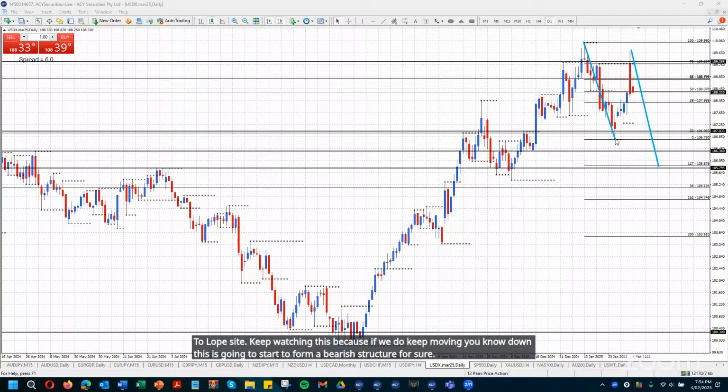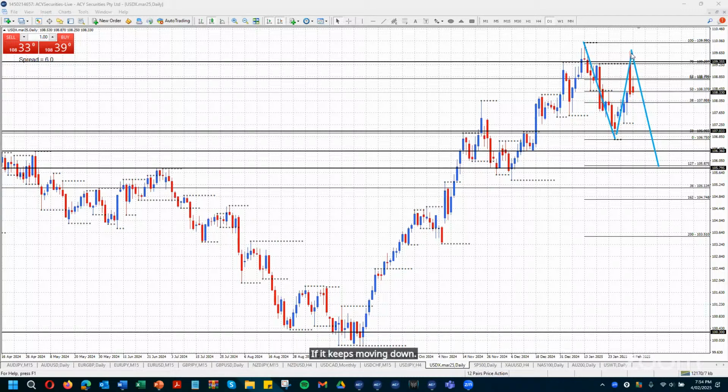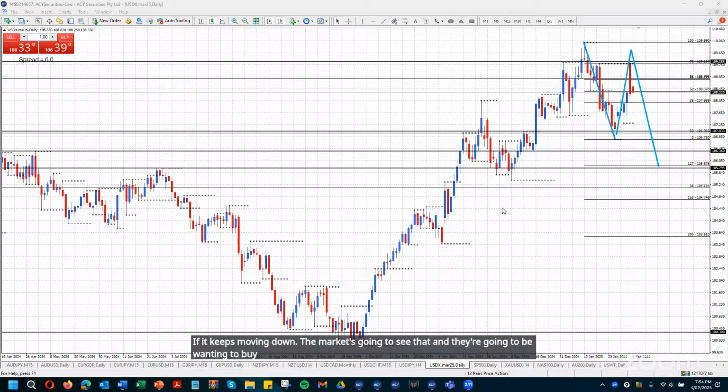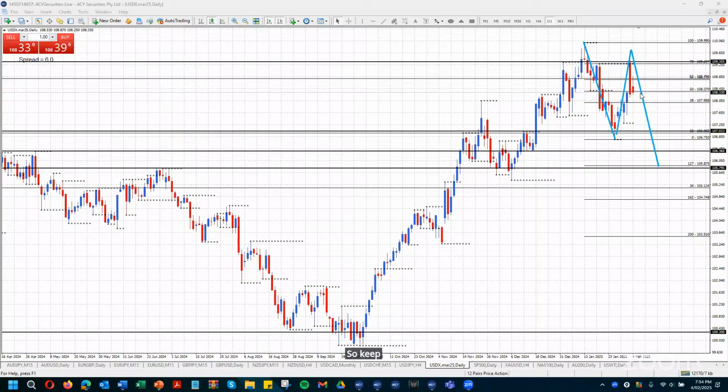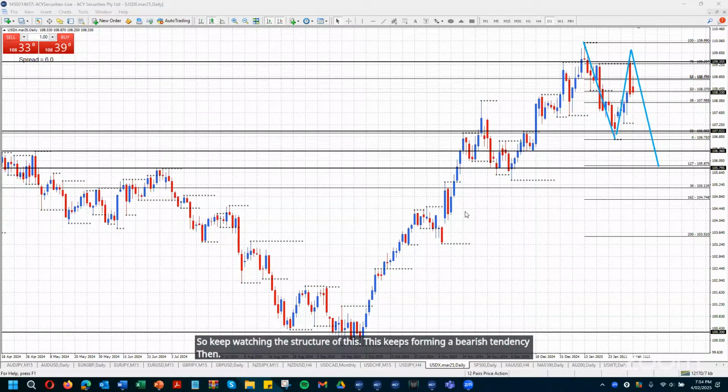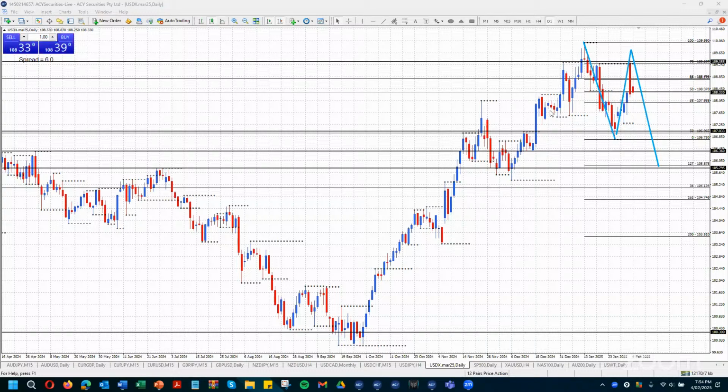And the market's going to see that, and they're going to be wanting to buy pairs to the US dollar. So keep watching the structure of this. If this keeps forming a bearish tendency, then follow suit when you're trading a pair.